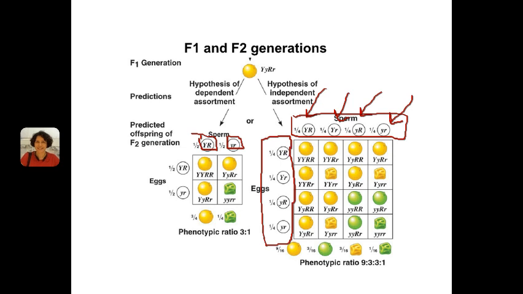Each parent has this genotype, big Y, little y, big R, little r, crossed with itself, and again, big Y, little y, big R, little r. So that's the cross that we're looking at.